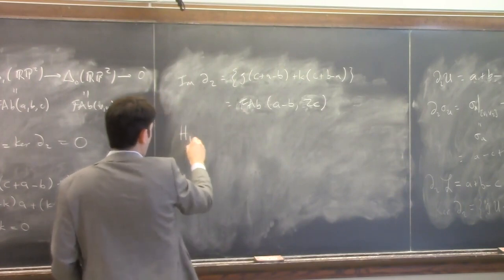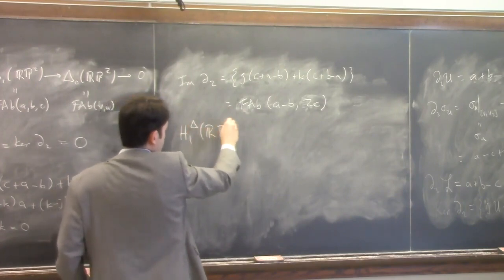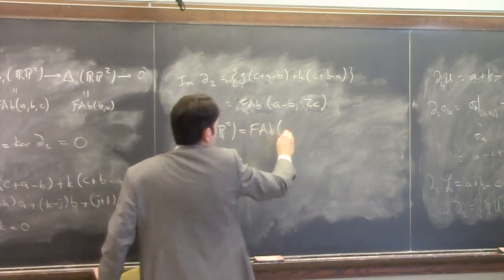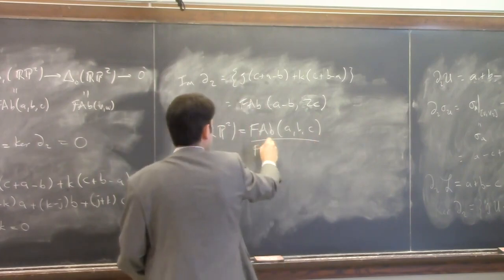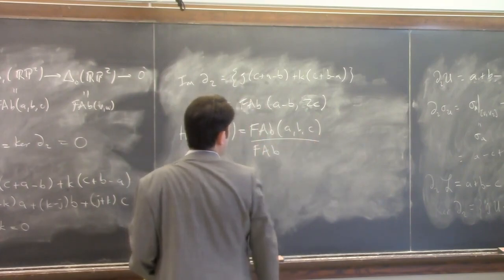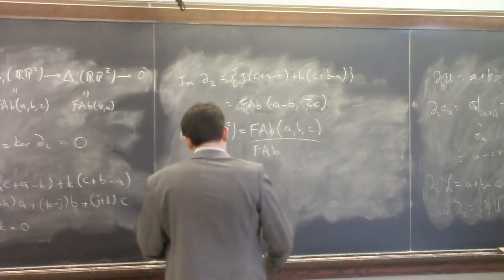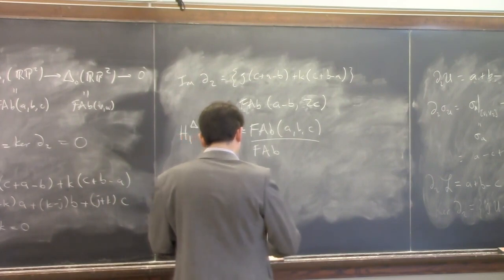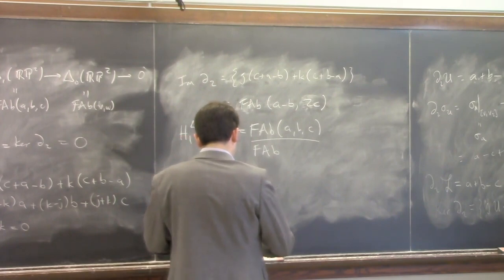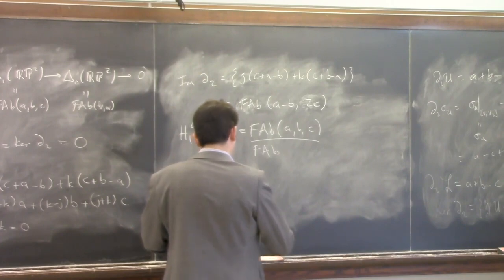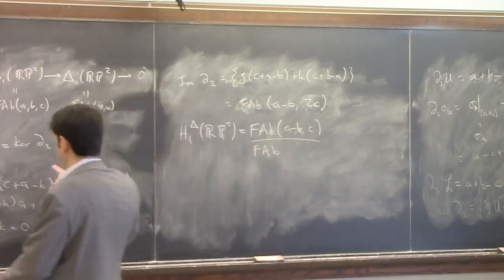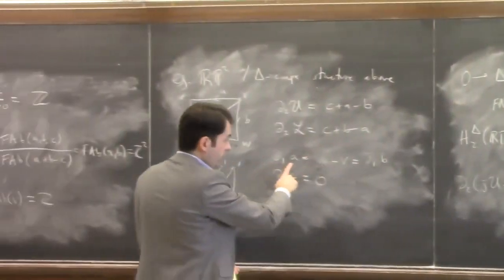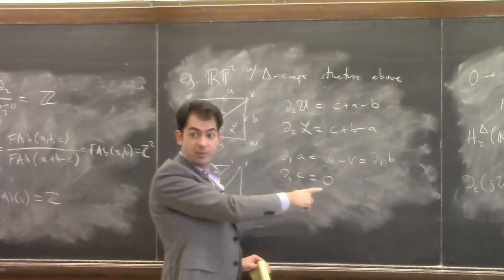So H1 delta of RP2 is free abelian group on A, B, C, and then you mod out by the free abelian group. Let's see what I want. That's what I'm doing wrong. This is not A, B, C. It's A minus B, comma C, because we saw over here that delta 1 of A and delta 1 of B, they're not 0. They're just the same.